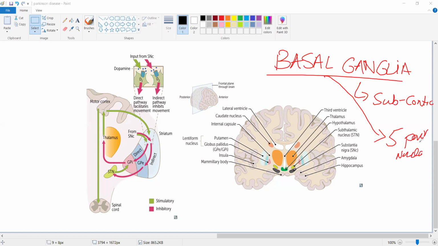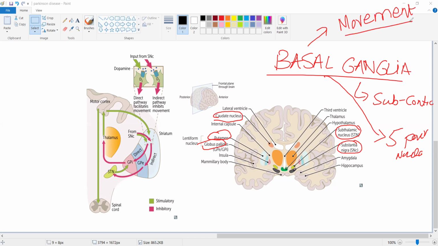That includes caudate, putamen, globus pallidus, substantia nigra, and subthalamic nuclei. So these five nuclei, subcortical structures, make the basal ganglia, right? Basal ganglia are involved in movement. They control the movement, right?